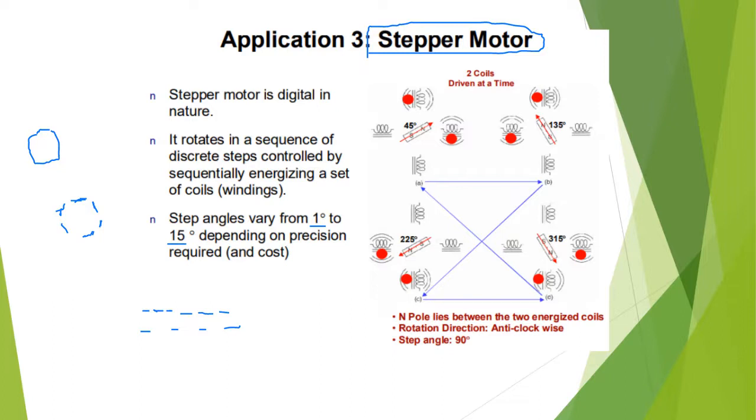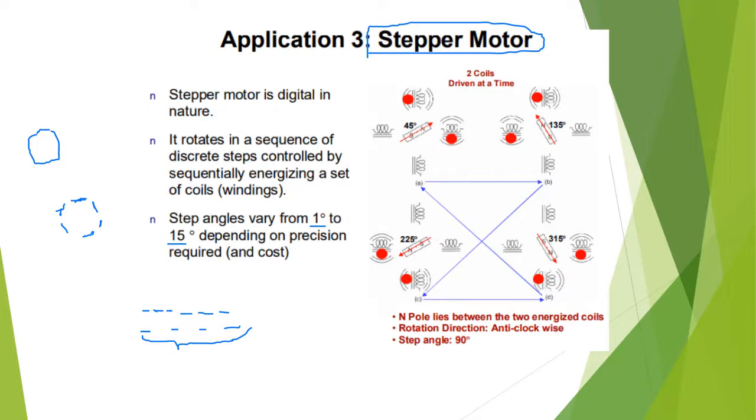That's why we do not want it. We want the DPI to be good, so we need a smaller number, meaning the step angle should be as small as possible. So this is the idea.